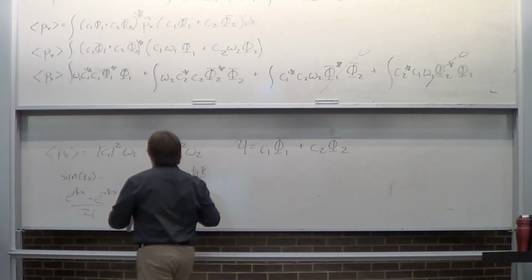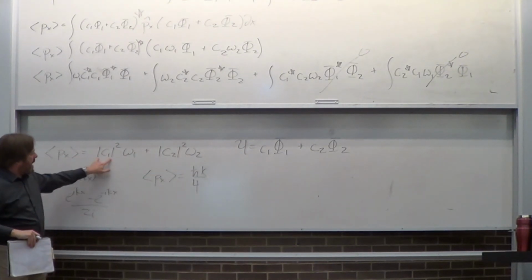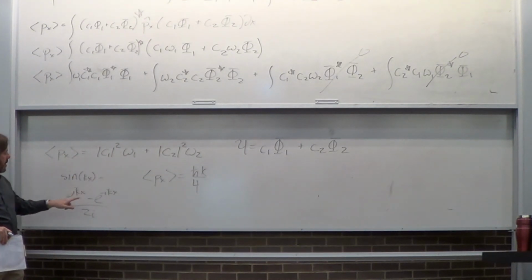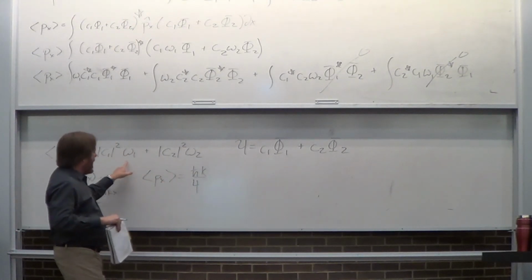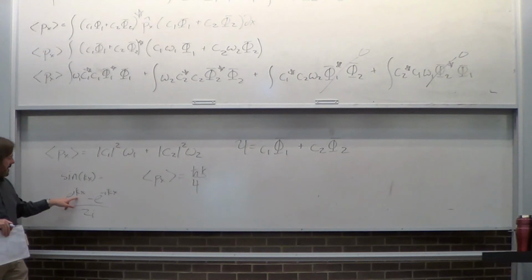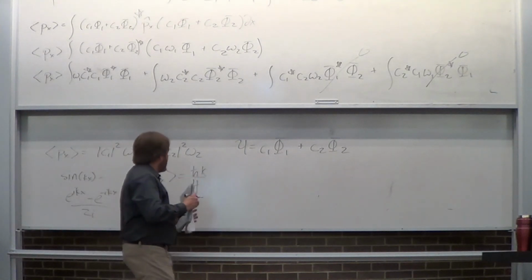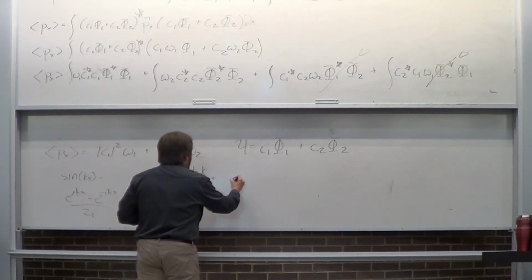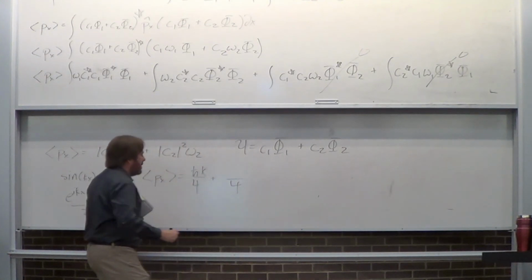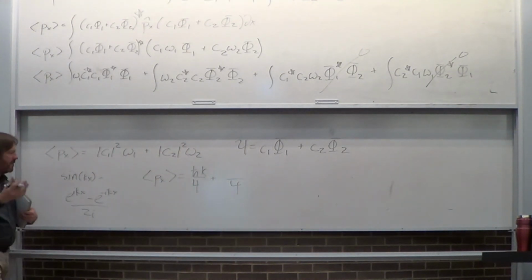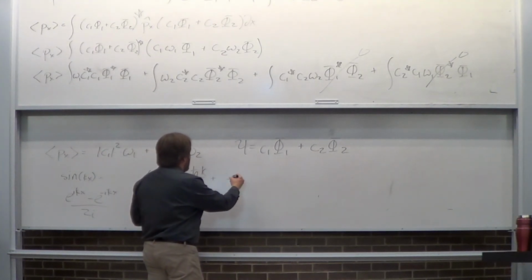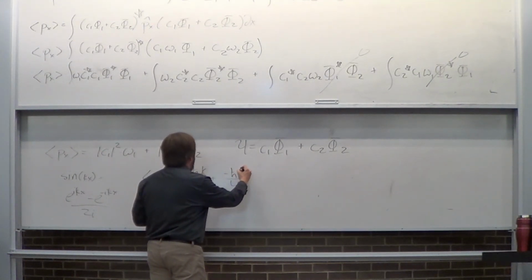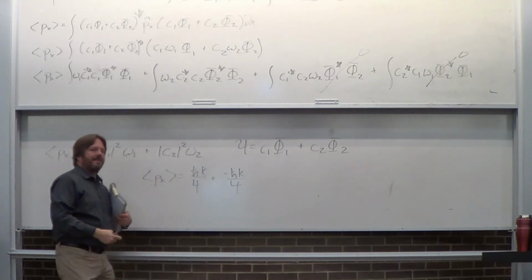The eigenvalue of the right shark is h bar k. Now, for left shark, we get the same weight factor, the absolute value squared of 1 over 2i is 1/4, and its eigenvalue is minus h bar k, because it's moving left.